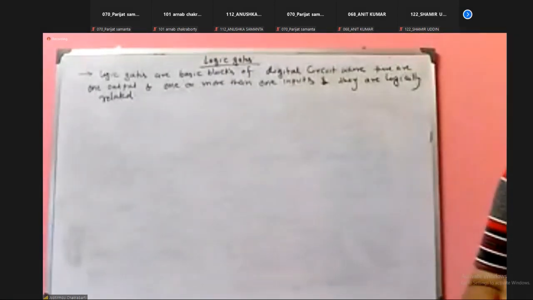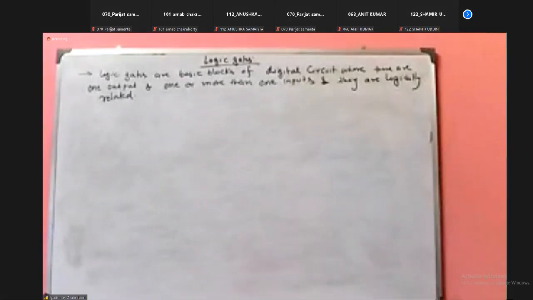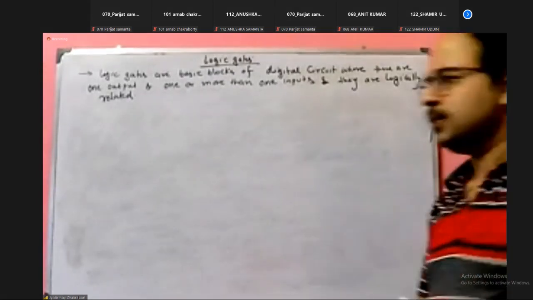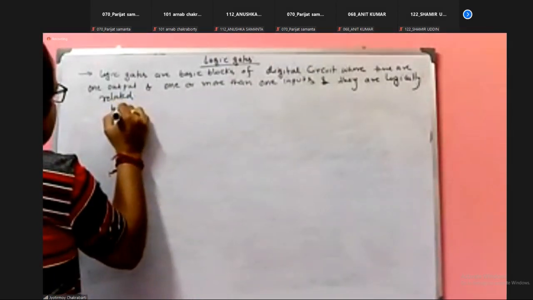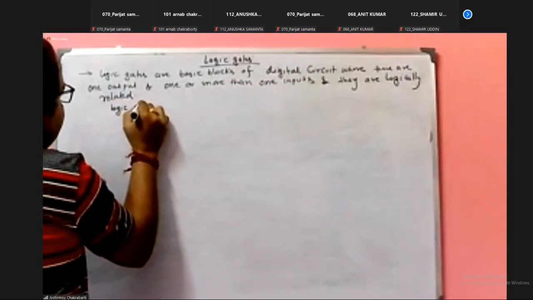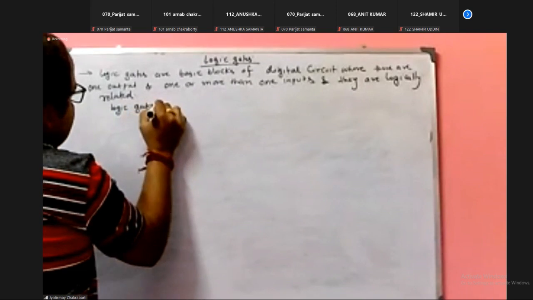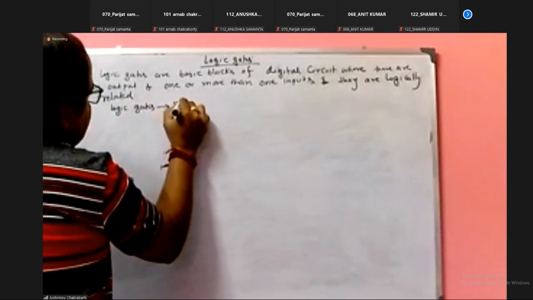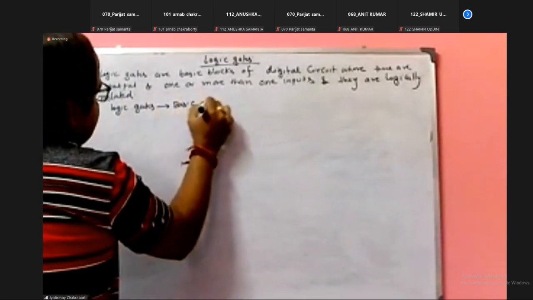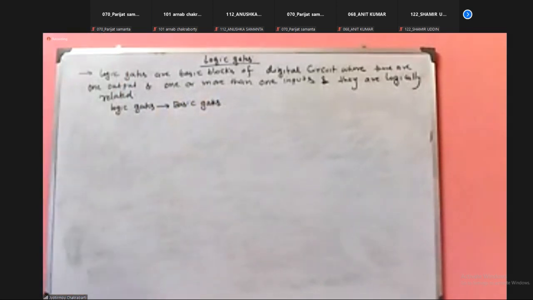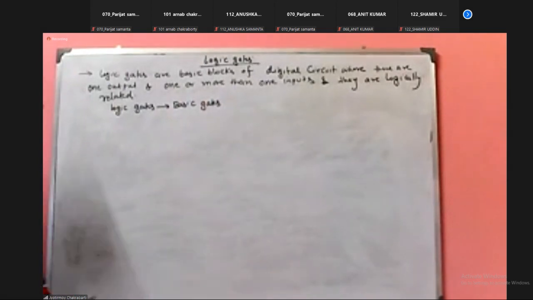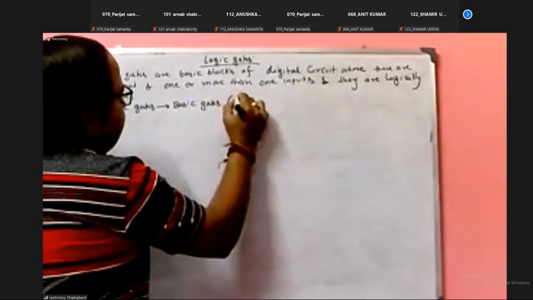We have also divided the logic gates into basic gates and universal gates. So what are the basic gates? AND, OR, NOT.